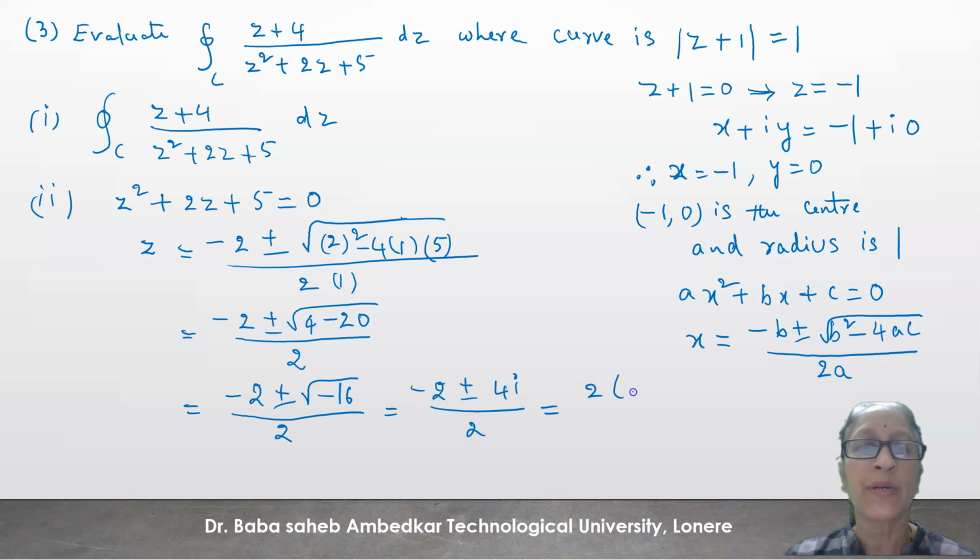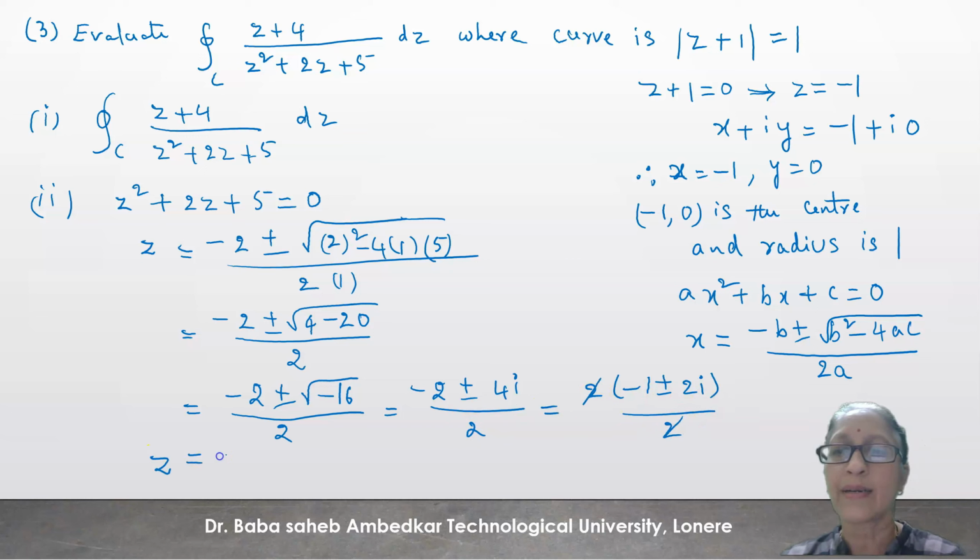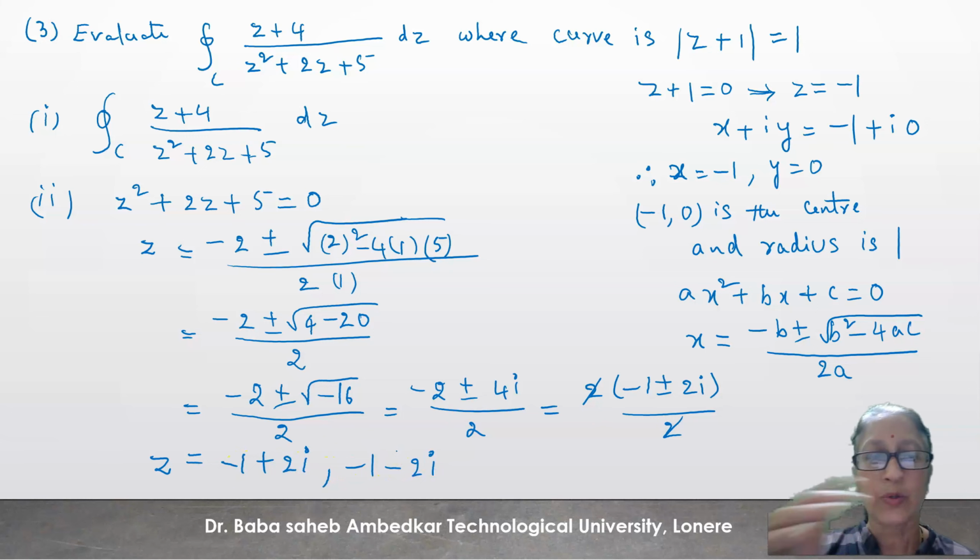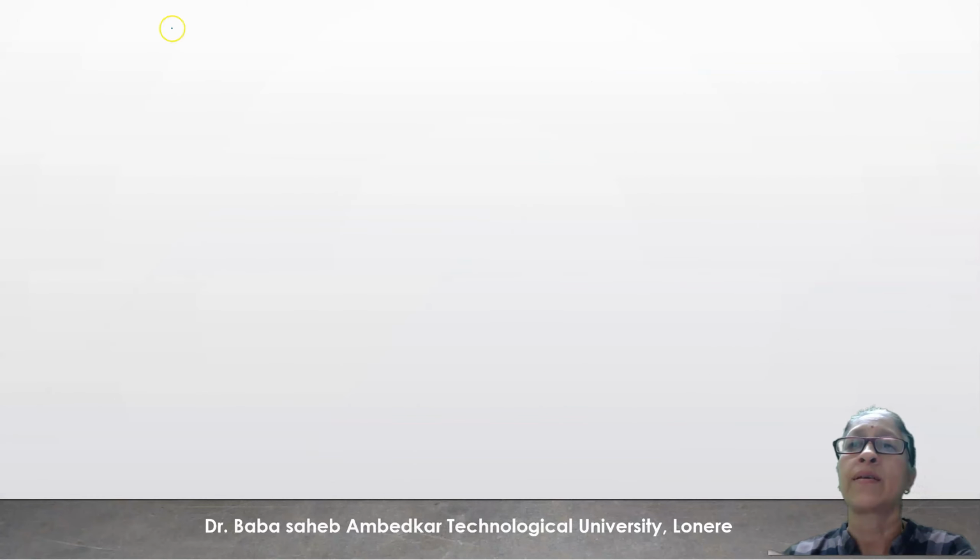If you take 2 common in the numerator, minus 1 plus or minus 2i upon 2. So here z equal to minus 1 plus 2i, minus 1 minus 2i. These can be written in the form of ordered pairs. That is z equal to (minus 1, 2) and (minus 1, minus 2). These are singular points or poles.